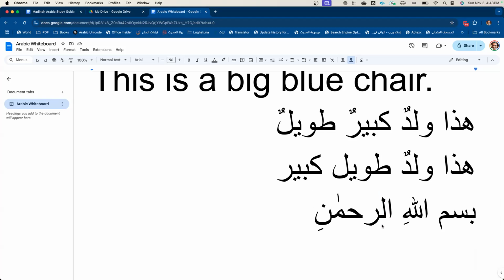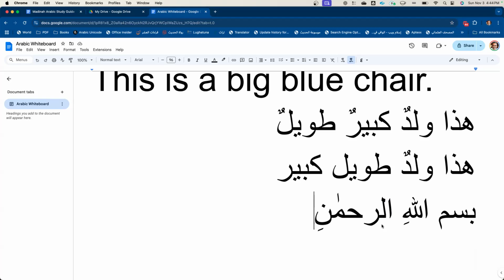So I'm describing it. The correct translation of this sentence, just like we say this is a big boy in English, is in the name of the Rahman Allah, or in the name of the entirely merciful Allah. But how is it typically written in the Quran translations? In the name of Allah, the entirely merciful.